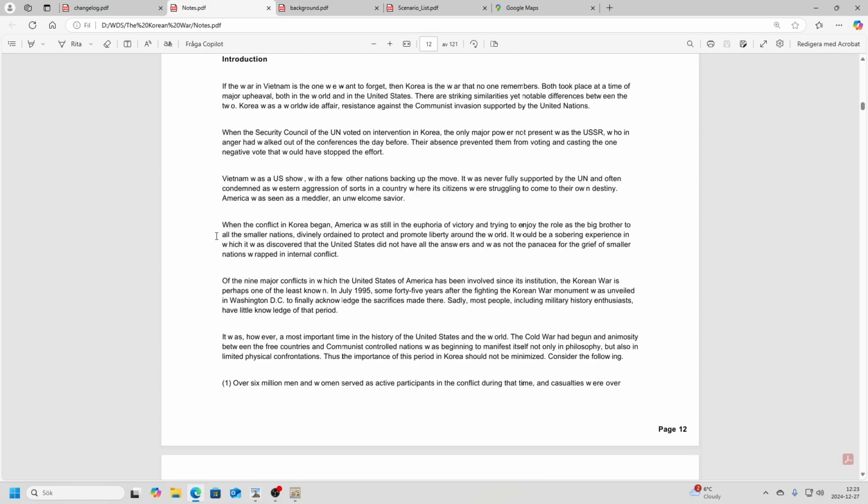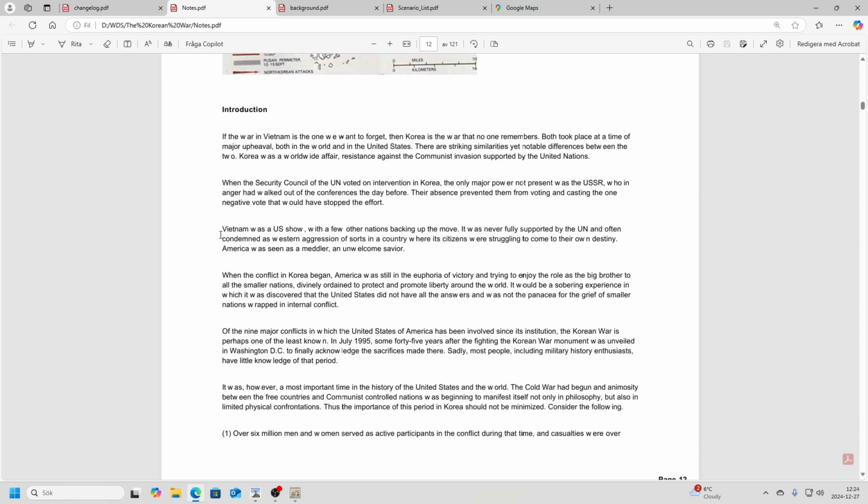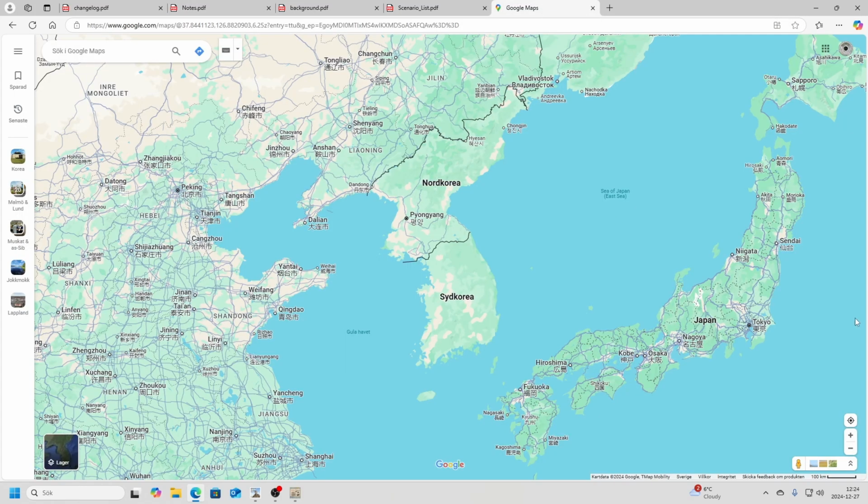So, in broad strokes, if you look at the map, North Korea and South Korea were actually occupied by the Japanese, and they basically held this peninsula all through the Second World War. I think they occupied it in 1910, early 1900s.